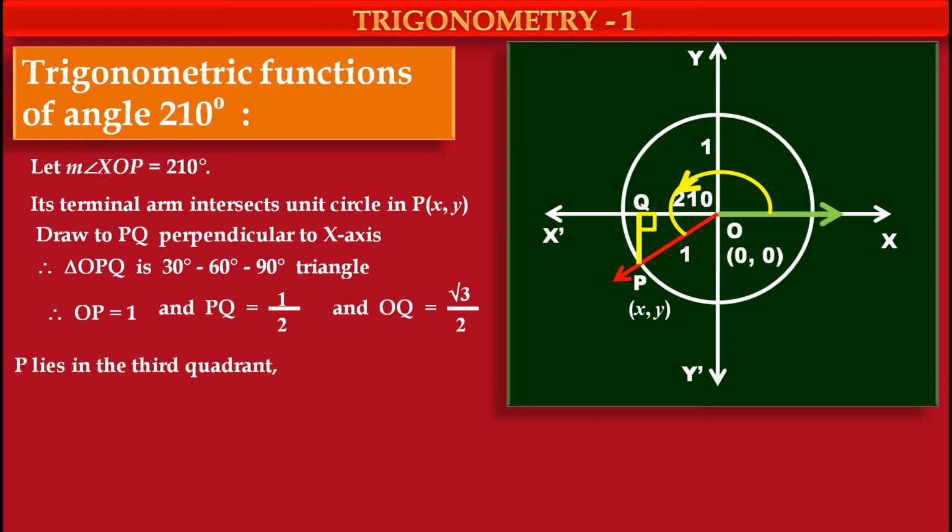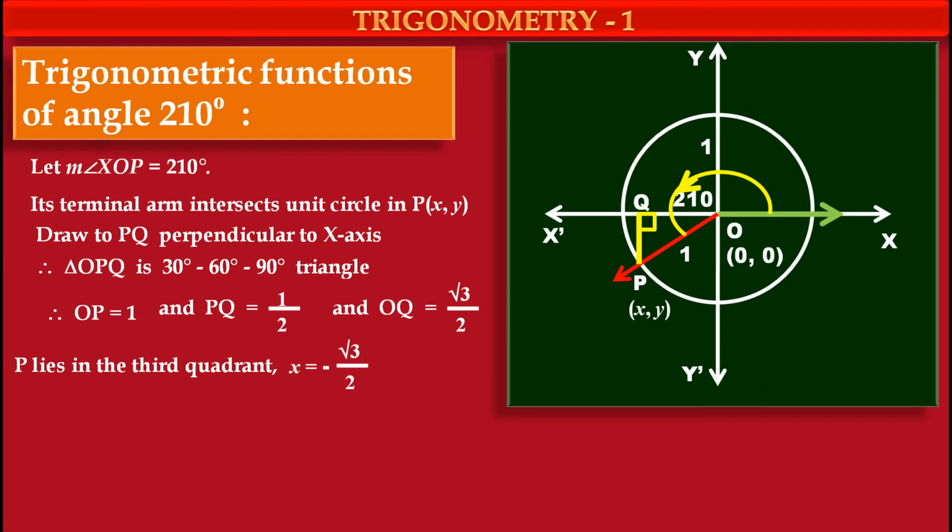Now see, because of angle 210, point P on the terminal ray lies in the third quadrant, and that's why both its coordinates are negative. That means x is negative and y is also negative.